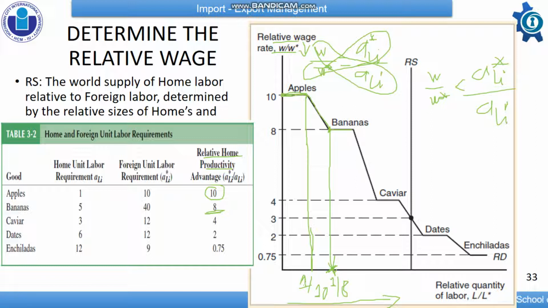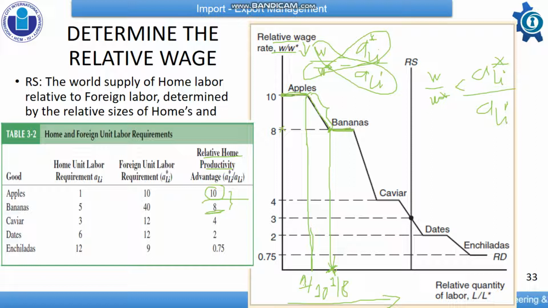And also on this line, when the relative wage rate is equal to 8, equal to the relative home productivity advantage in the foreign country to the home country, both the foreign country and the home country will produce banana. Okay, and from here to here, it's in between this one.